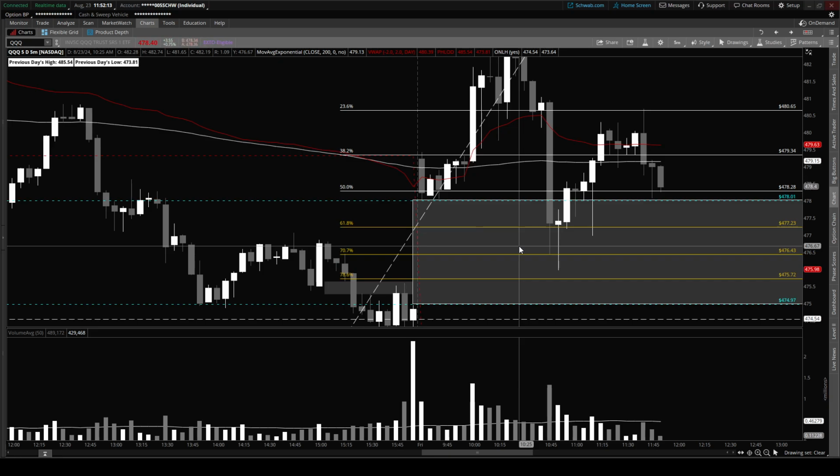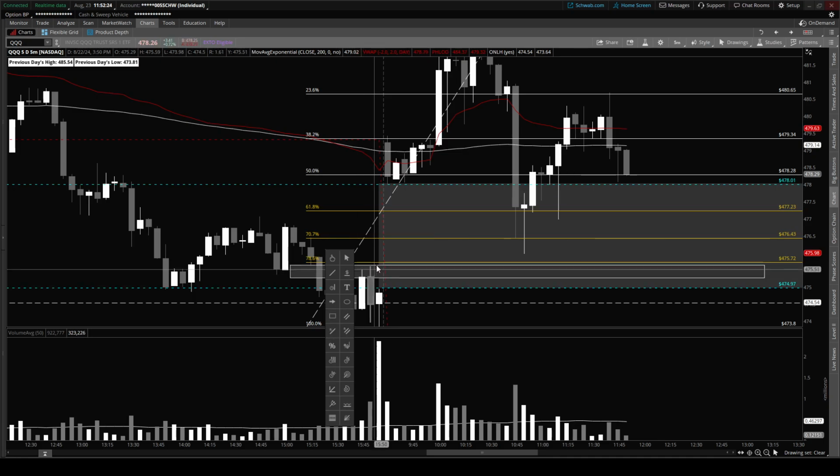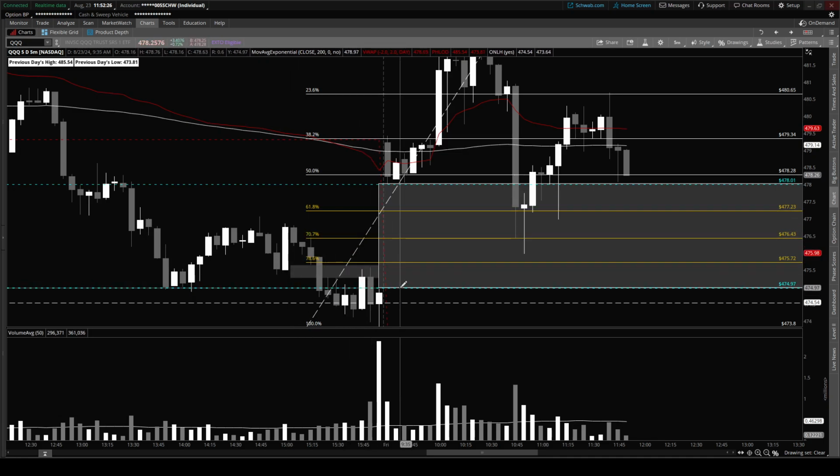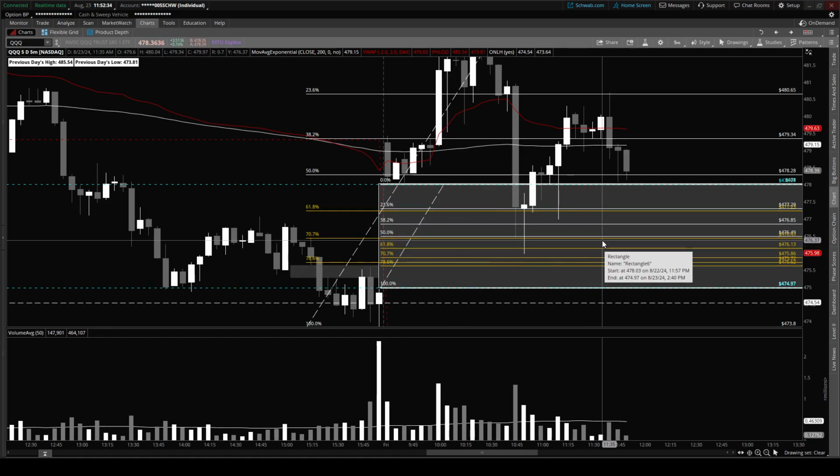You either look for that full imbalance to get filled, or you wait for the consequent encroachment, which is going to be roughly about 50% of that imbalance or gap fill. So in this case here, if we draw a fib from this gap, you can see that the consequent encroachment is going to be right at 476.49.